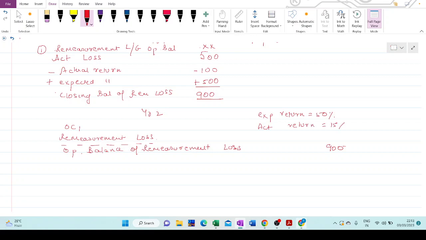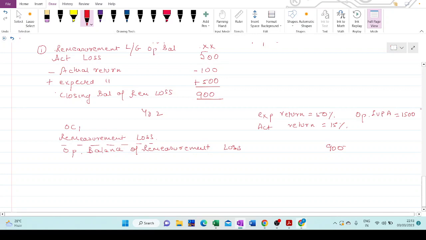So my actual return has increased from 10 to 15, and opening FVPA is, say, 1500, right? So FVPA at the beginning of year 2 is 1500, right? And guys, say that in the second year also actuaries changed some assumption which caused the PBO to increase by 800, right? So my actuarial loss is 800.